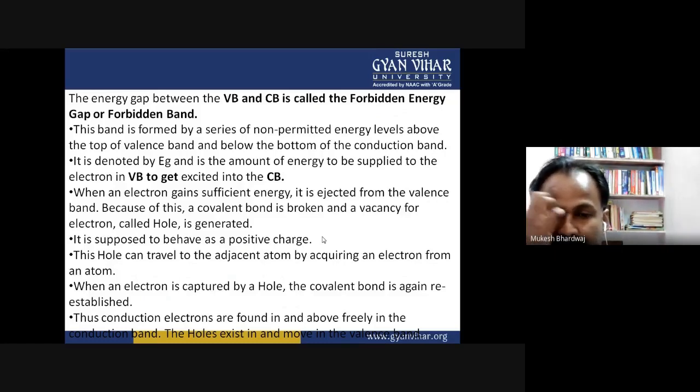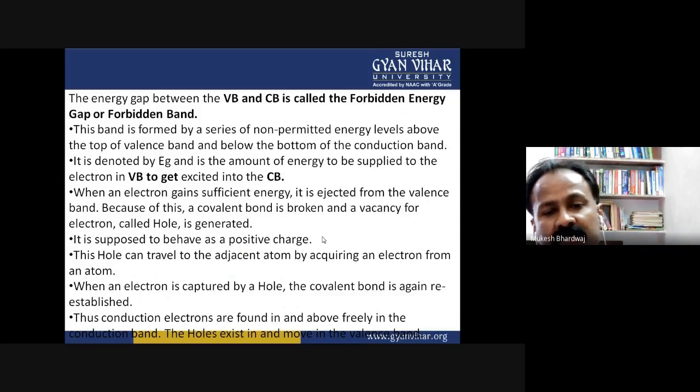This hole can travel to the adjacent atom by acquiring an electron from an atom. This vacancy needs to be filled up. So we can say that the electron is moving to fill that vacancy, or that the phenomenon appears as if the hole is moving.